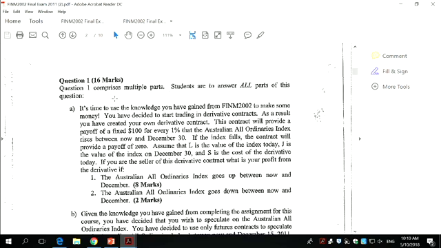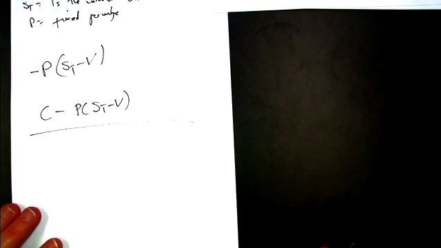First of all, if we build on from what we did before, what have we got here? J is the final price, L is the beginning price. How do I work out my percentage return? Okay, this is a percentage return.